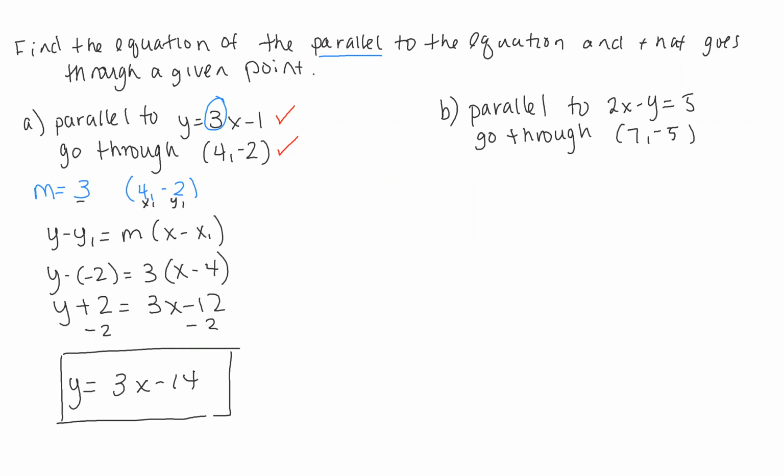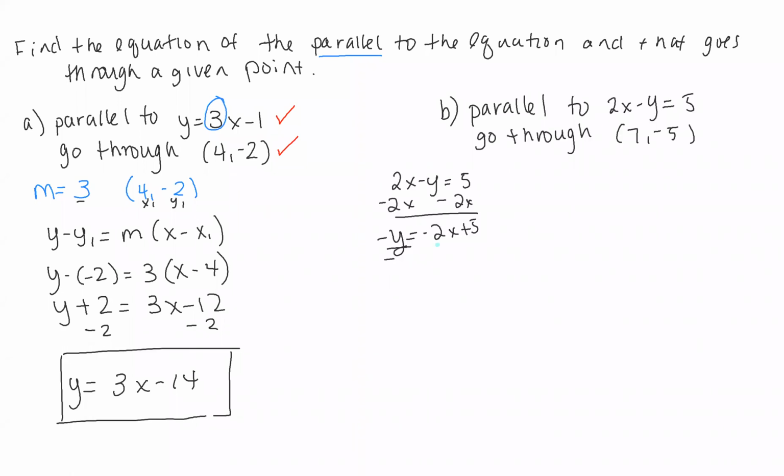All right, so in this particular case, we want to be parallel to 2x minus y equals 5. So what that means is we want to share the same slope as the equation 2x minus y equals 5. So what we have to do first is figure out what that slope is. So I'm going to take 2x minus y equals 5, and I'm going to solve it for y. I'm going to start by subtracting 2x. So that's going to give me -y equals -2x plus 5. I'll then divide by -1 on both sides.